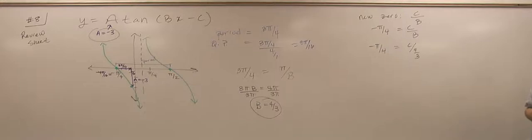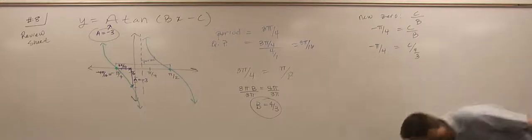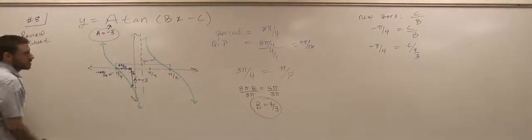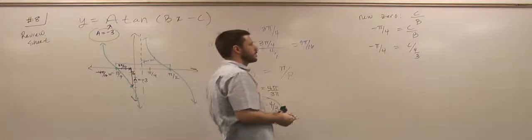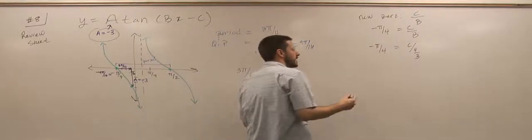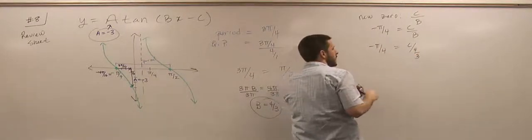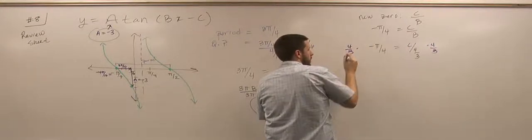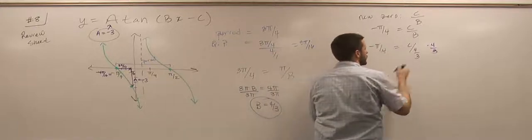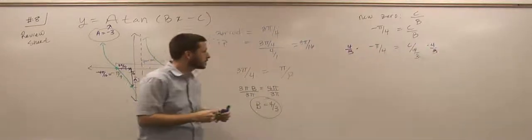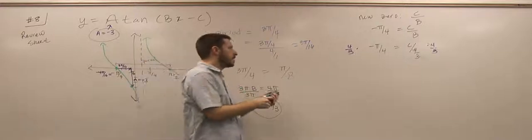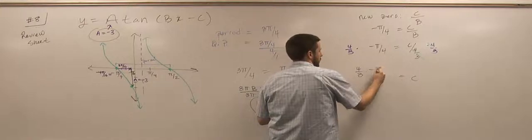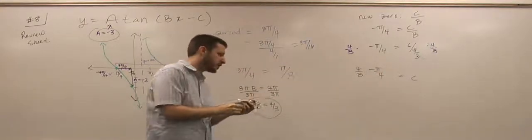So negative pi over 4 should be C over 4/3, and then I can solve for C. I'd have to get rid of the 4/3, so multiply by it. That'll cancel out the 4/3. So 4/3 times negative pi over 4 is my C value, which is equal to negative pi over 3.